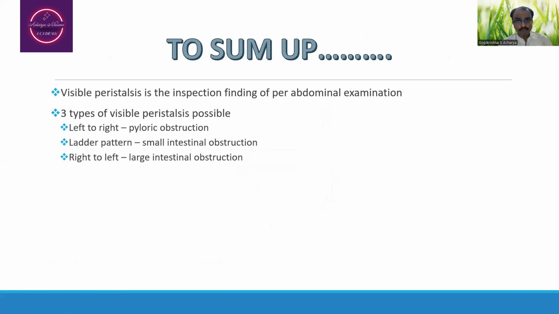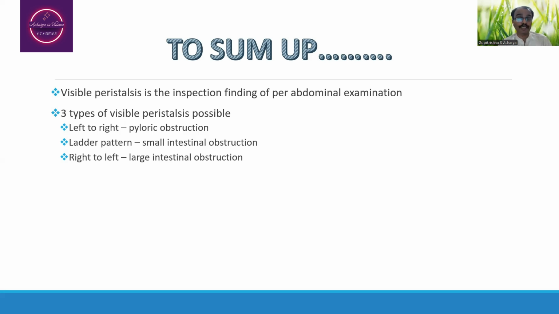To sum up, visible peristalsis is one of the important inspection findings of a per abdominal examination. It indicates obstruction at the gastrointestinal level at different locations. Suppose you are observing the movement of the peristalsis visible from left to right, that indicates pyloric antrum obstruction.